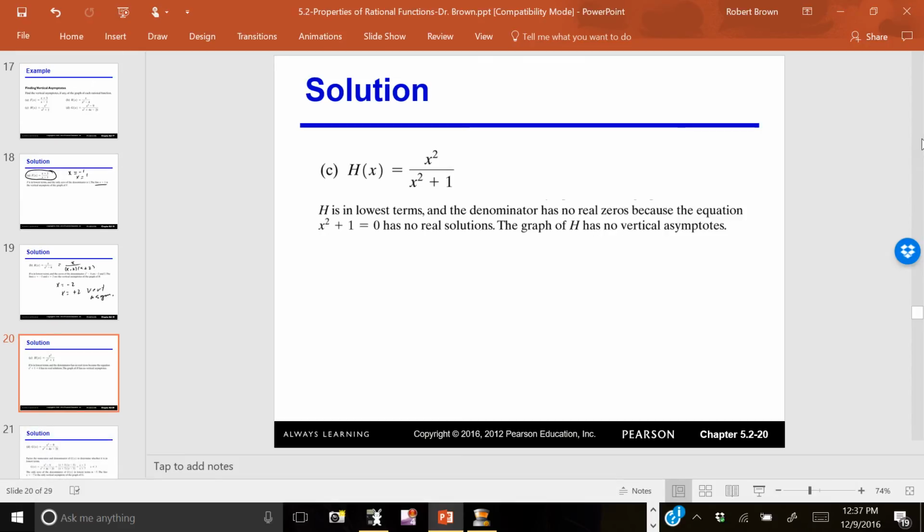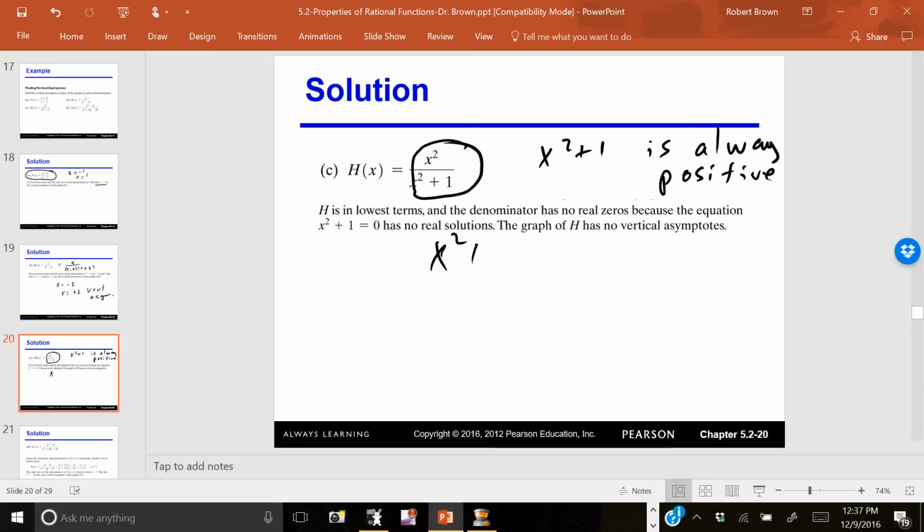The third one here, it's also in lowest terms. And notice x squared plus 1 is always positive. It will never be 0 because x squared plus 1 equals 0 gives you x squared equal minus 1.